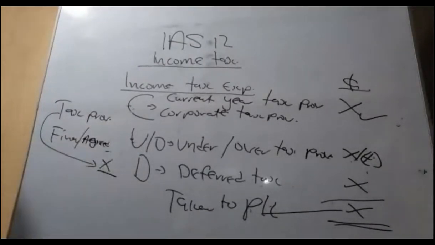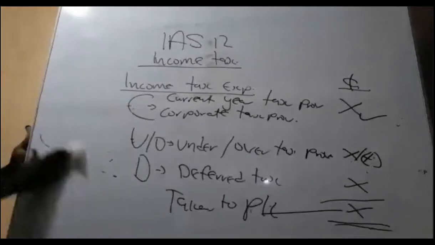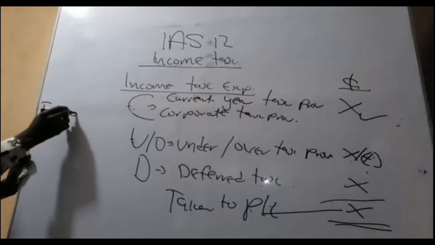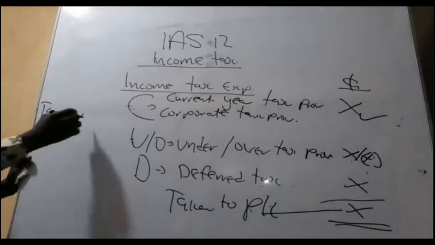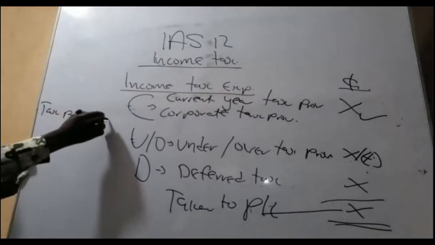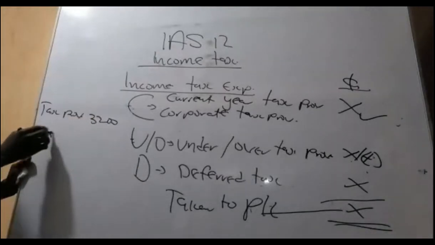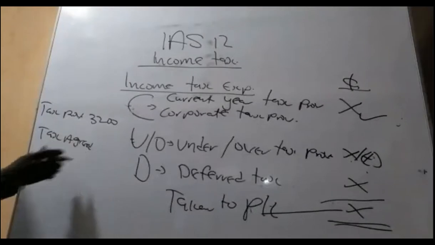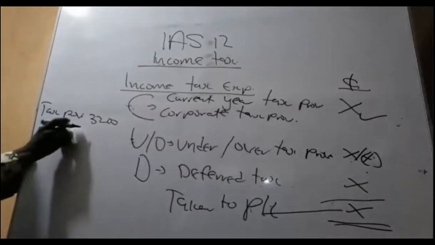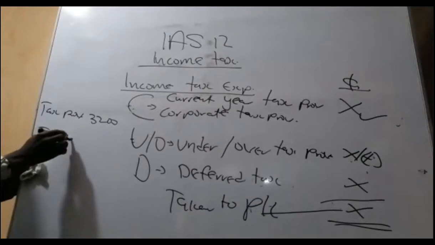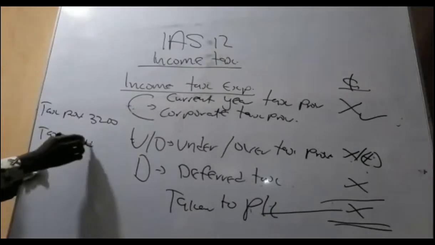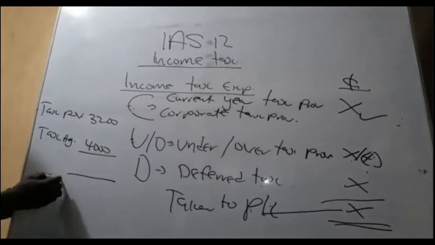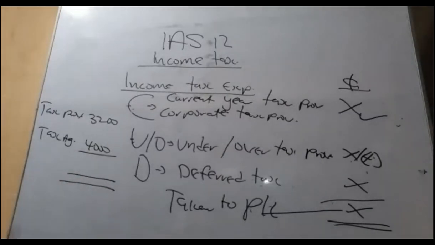Assuming that the tax provided is 3,200 and the final tax agreed is 4,000. So will it be under or over?